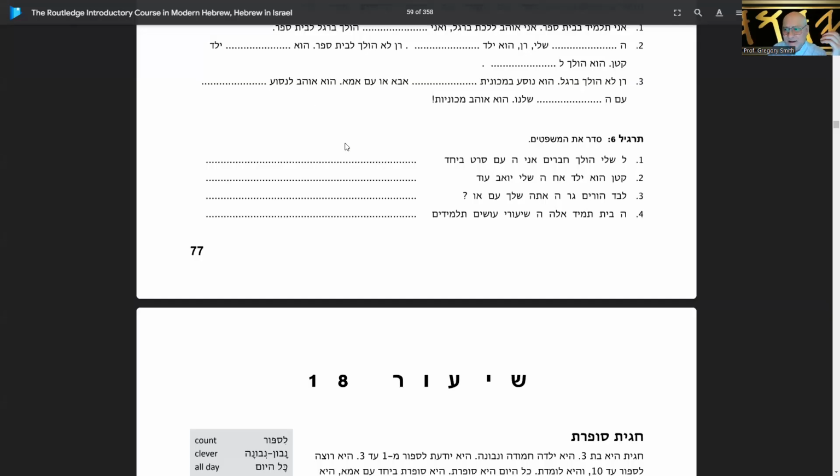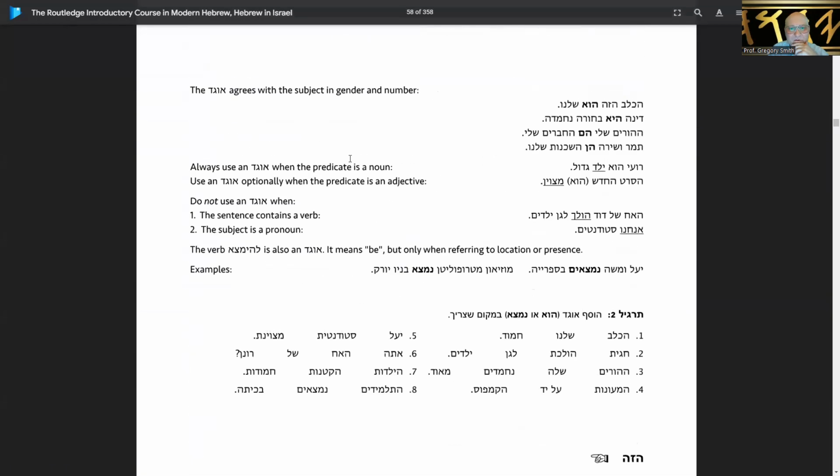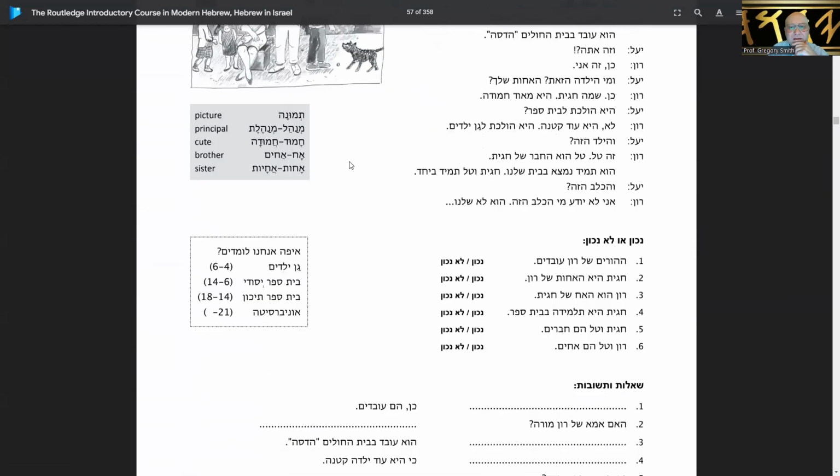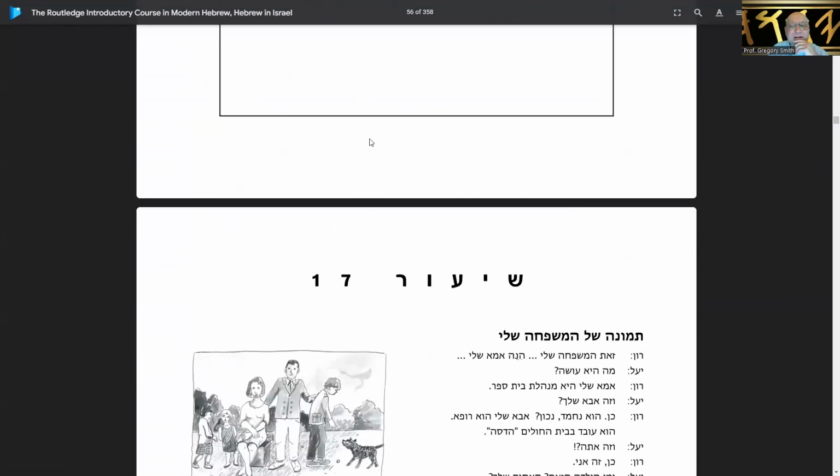So these students, tamid, are always osim shiore bayit. They're always doing homework. Those are good students. All right, guys. So that completes Shior 17. That is done now.